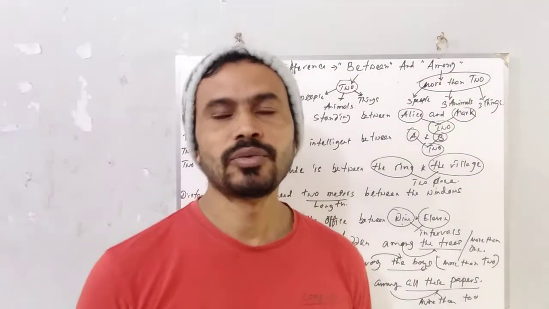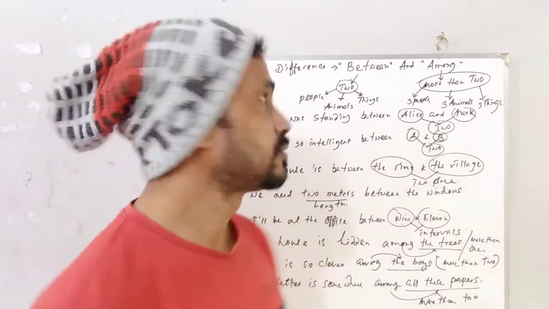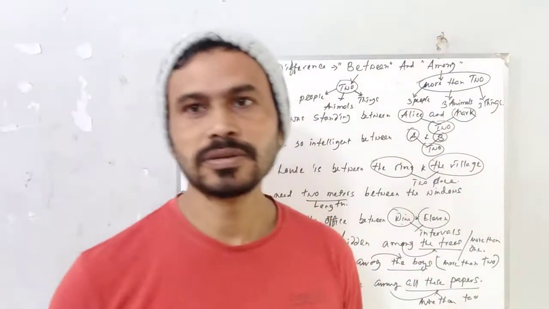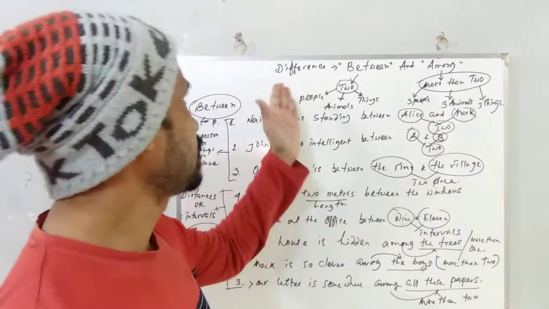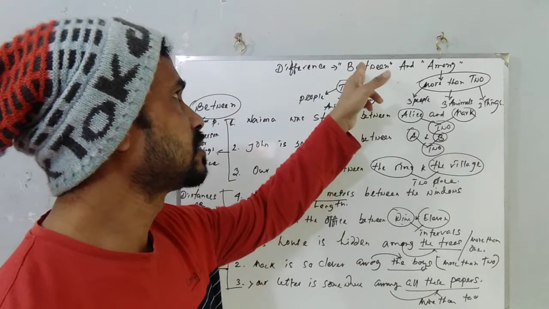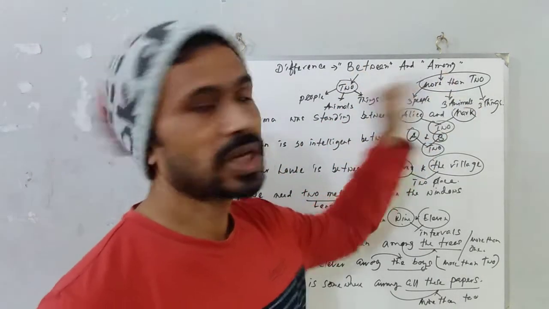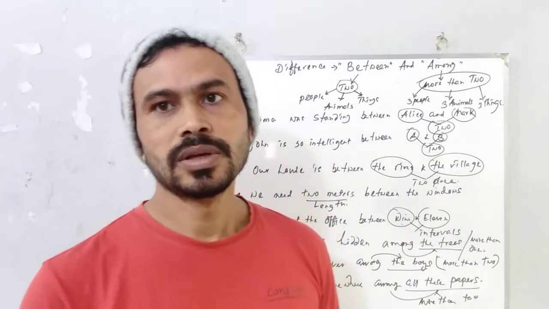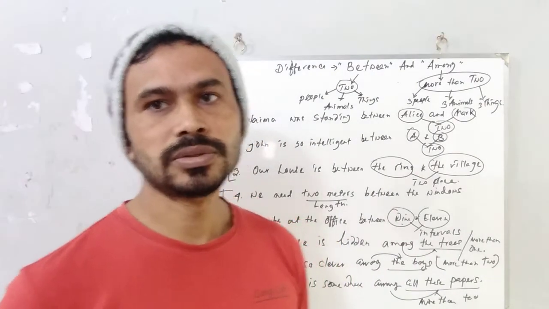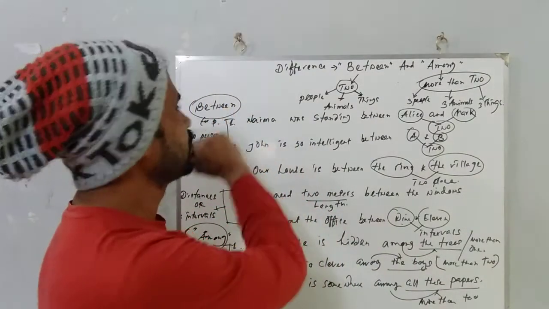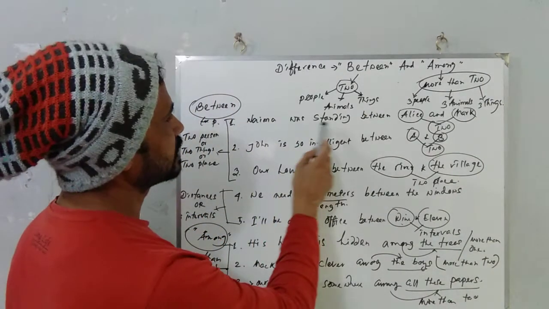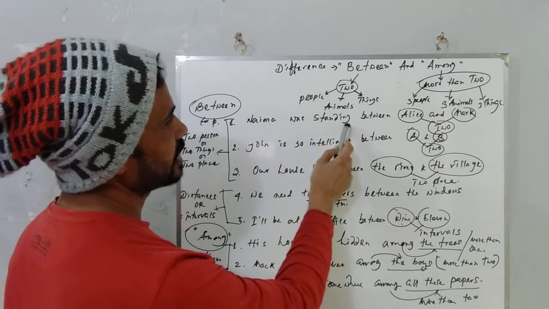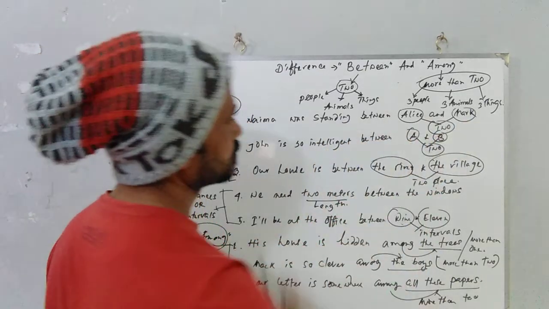Now what would be the reflections of among and between in sentences? First of all, let's discuss between. Naima was standing between Alice and Maud.